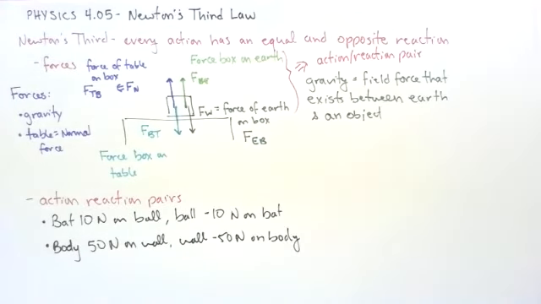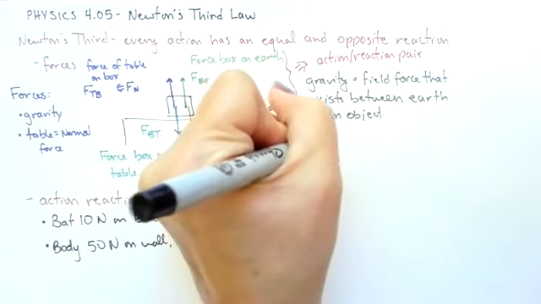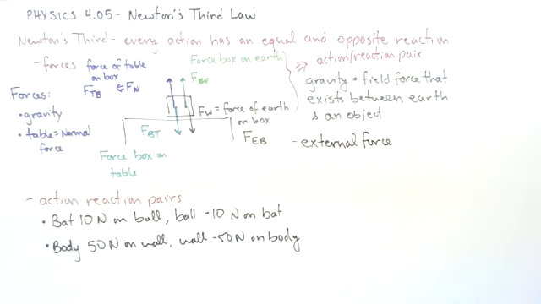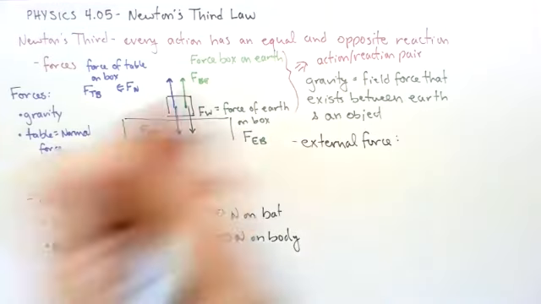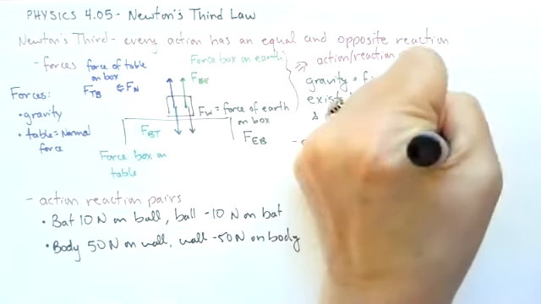What we have to be careful of is to understand that when we're analyzing the forces on an object, we're looking at external forces. Forces on an object and by an object are two different things. So let's add two terms here. We have external force, and that would be force of the table on the box and force of the Earth on the box.